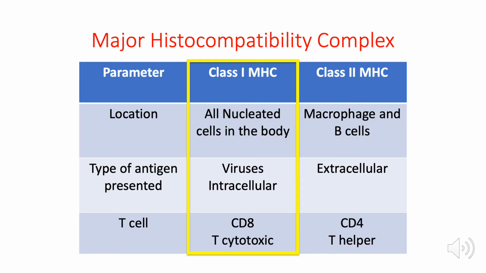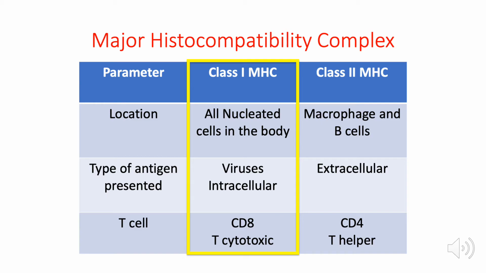So if the pathogen that is causing us to become sick is intracellular, similar to viruses, the MHC that is best to use to present them is MHC class 1. Now, this MHC class 1 is found in all nucleated cells in the body. Why do you think basically all nucleated cells in the body should contain class 1?